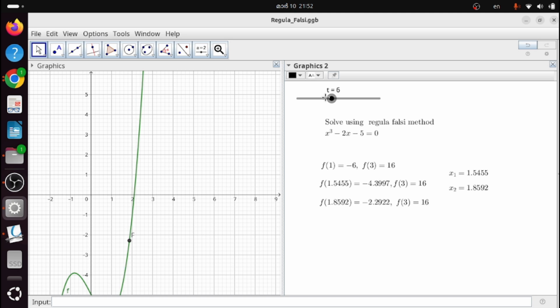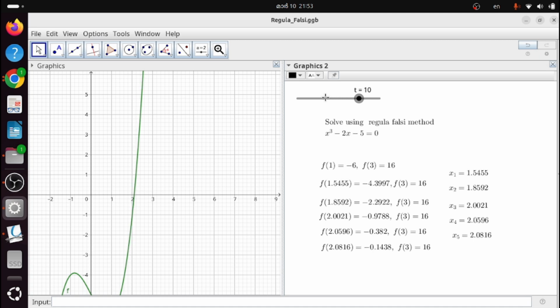Next step, we can see that f of 1.8592 is again negative and f of 3 is positive. That means the root lies between these two numbers. So we will continue the process like this. Now x3 is 2.0021, which is the intersection of the secant line with the x-axis.